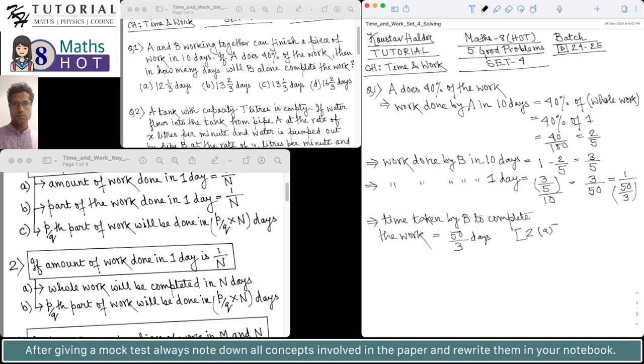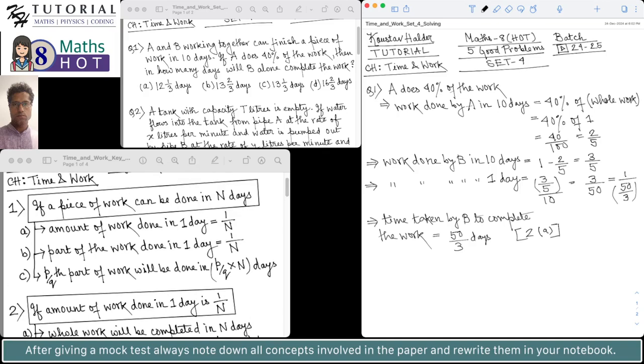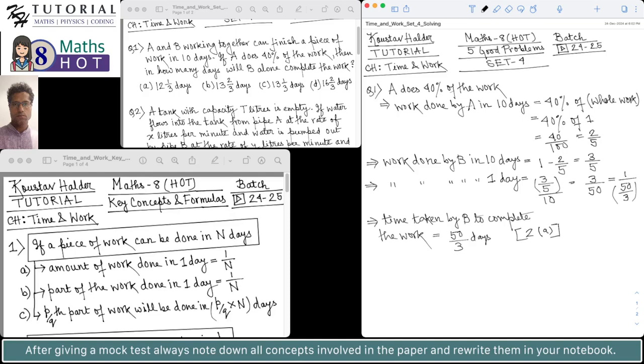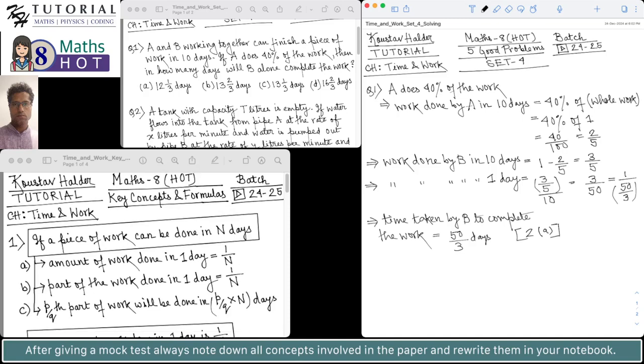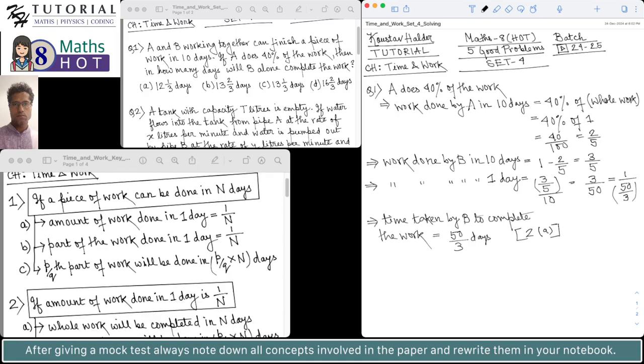Please refer to the document on the left hand side, that is key concepts and formulas, where I have written down all the concepts that I will apply with a number. So time taken by B to complete the work is 50 by 3 days. This means that time taken by B alone to complete the whole work is 50 by 3 days.